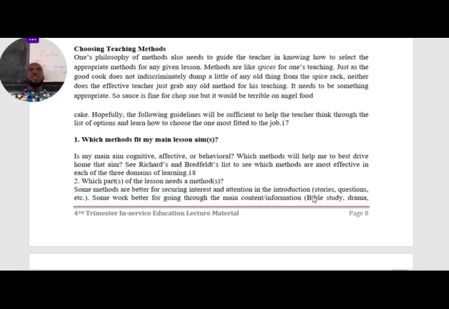Two, which part or parts of the lessons need that specific method? When I'm teaching here, for example, which method can I employ that can fit in what I am teaching you right now? Can I use the grouping method? Where are the people that I am going to group?